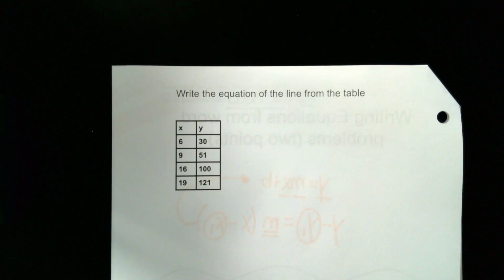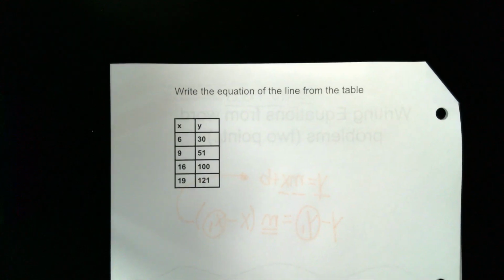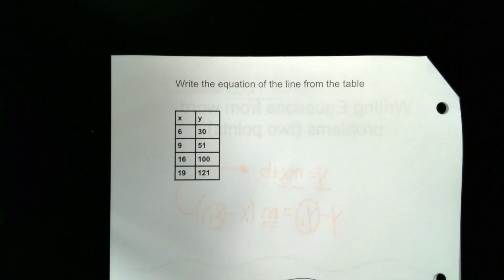We're going to do one more if they have given us a table. Again, just looking at that table, doesn't it appear that the top two ordered pairs have the smallest numbers?